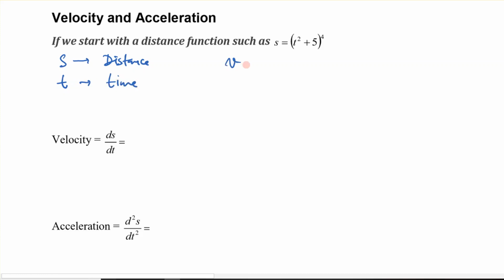Let's say we use notation v for velocity and a for acceleration. Since velocity is change in distance over time, if you take the derivative of the distance function with respect to time, you get your velocity. So change in distance over time, ds over dt.